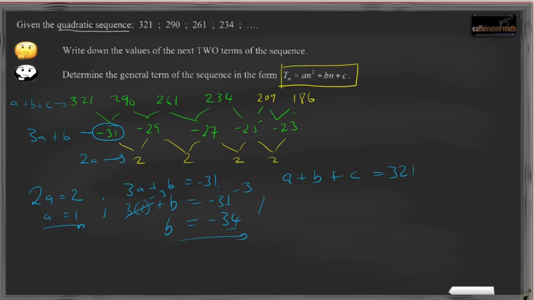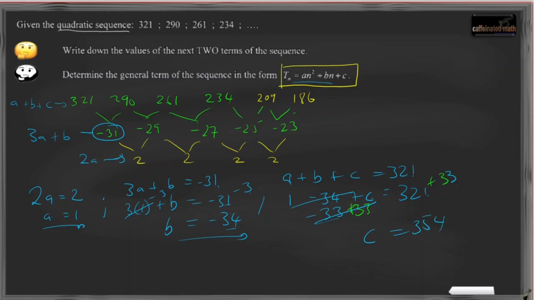Well, a has a value of 1, minus 34, plus c being equal to 321. Well, that's negative 33 on this side, which means we should add 33 on both sides. Therefore c, after that zeroes out, is equal to 354.